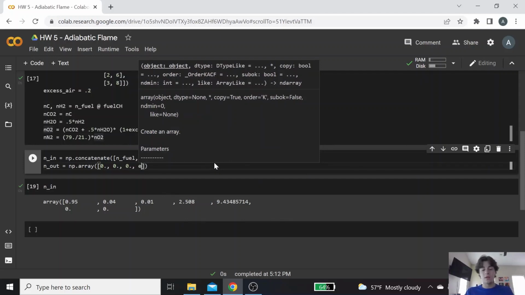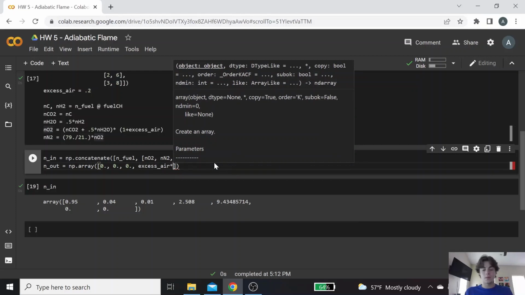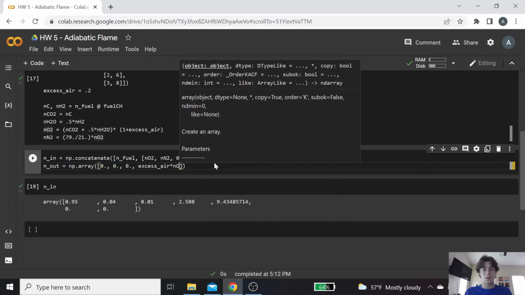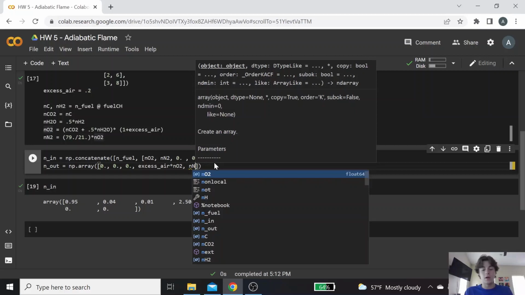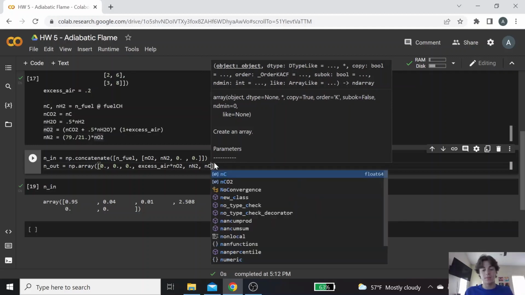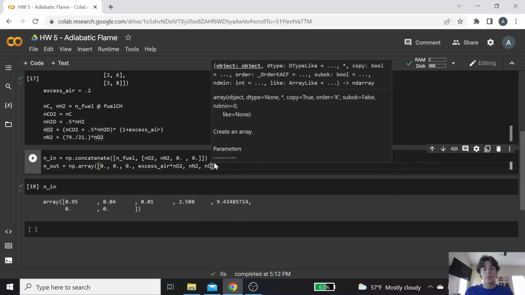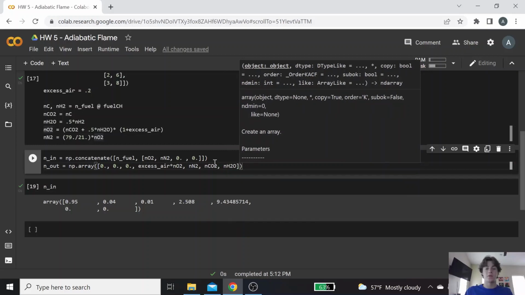We will have the excess amount of oxygen that won't be used up in the reaction, and then we will have the moles of nitrogen that kind of go along with the rest of the reaction. And then we'll also have the moles of carbon dioxide and the moles of water that are generated during the reaction.